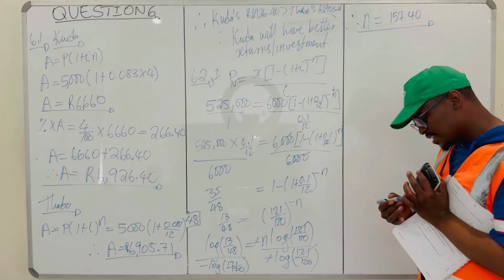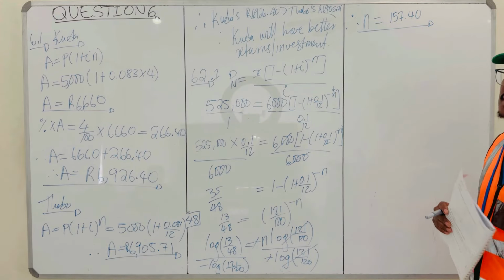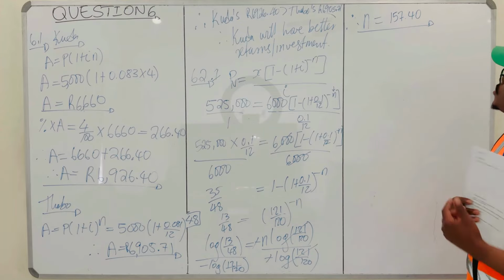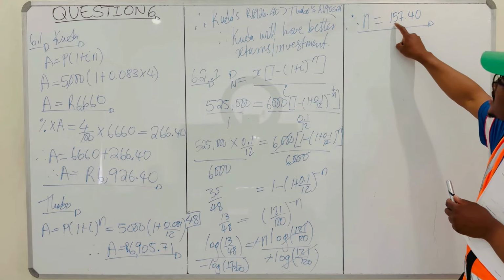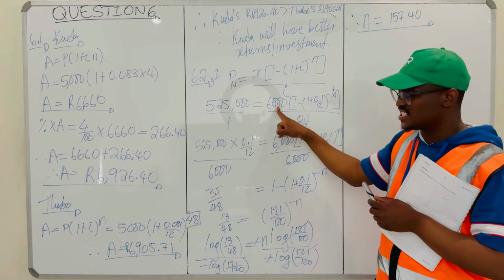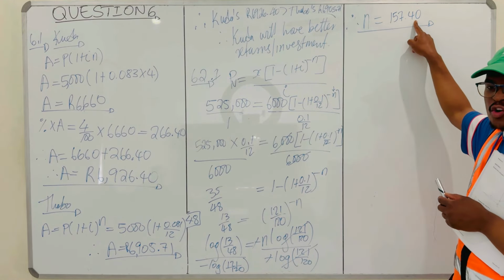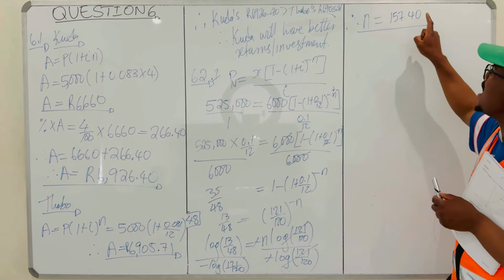So you wanted the number of payments, which means how many times this person will pay into that account. You see this 157? These 157 are full 6,000 deposits. And then that 0.40 was not a full one.